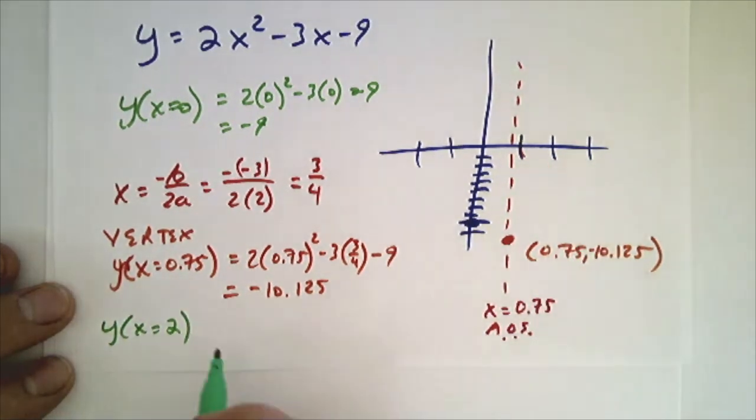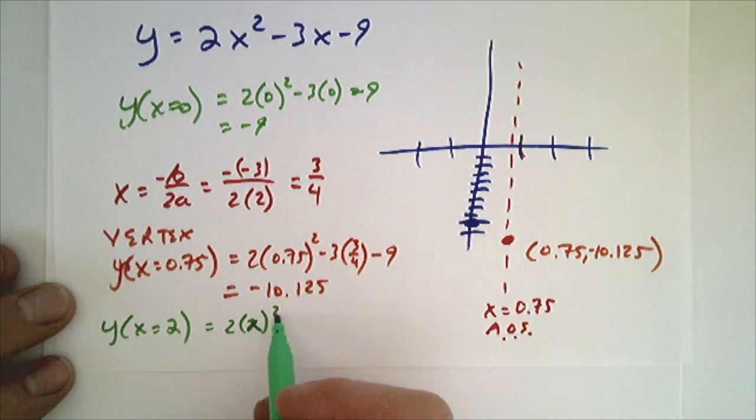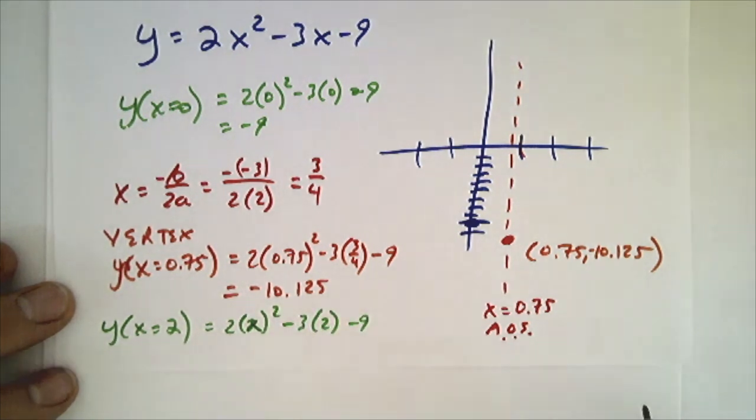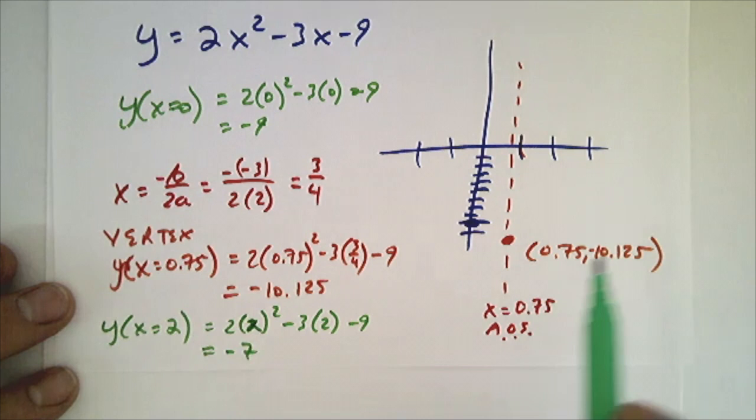So 2 times 2 squared minus 3 times 2 minus 9. That would work out to be 8 minus 6 is 2, minus 9 is minus 7.